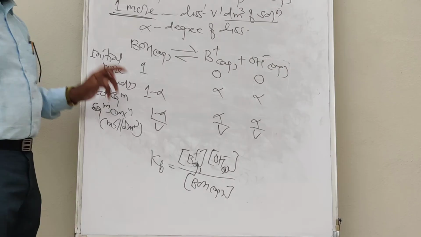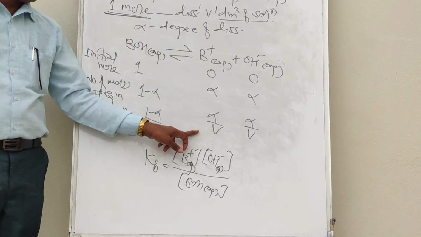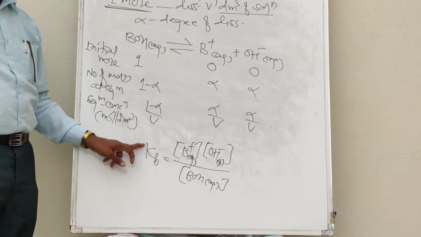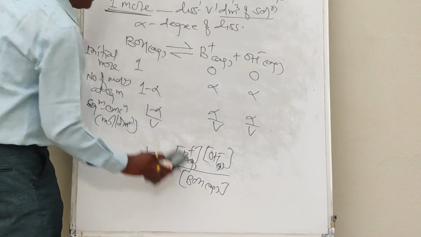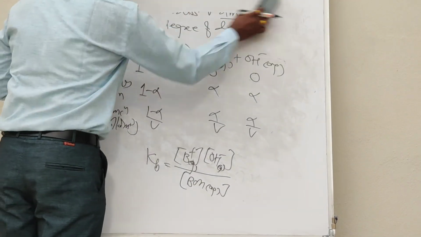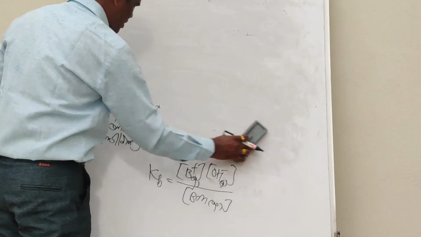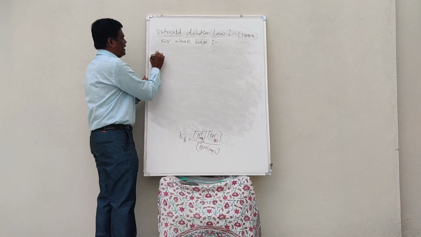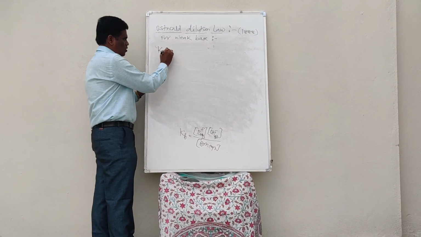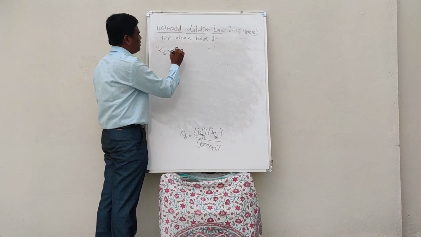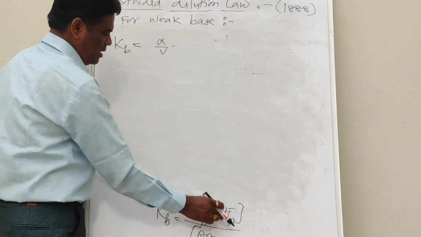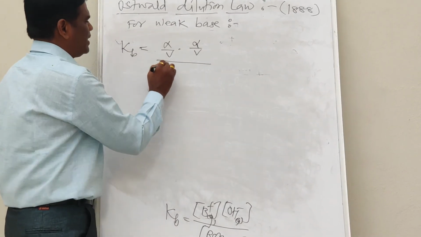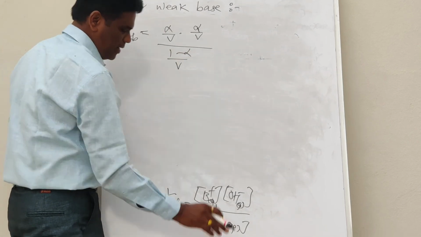Now you know the equilibrium concentrations: B plus is alpha by V, OH minus is alpha by V, and BOH is 1 minus alpha by V. Substituting these values, we will get the final equation for Ostwald dilution law.